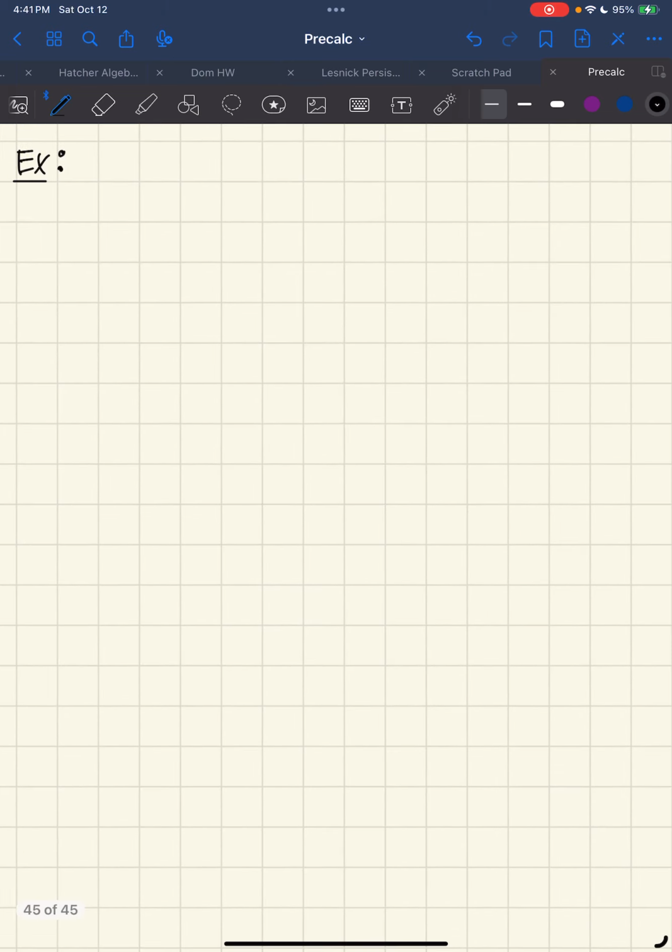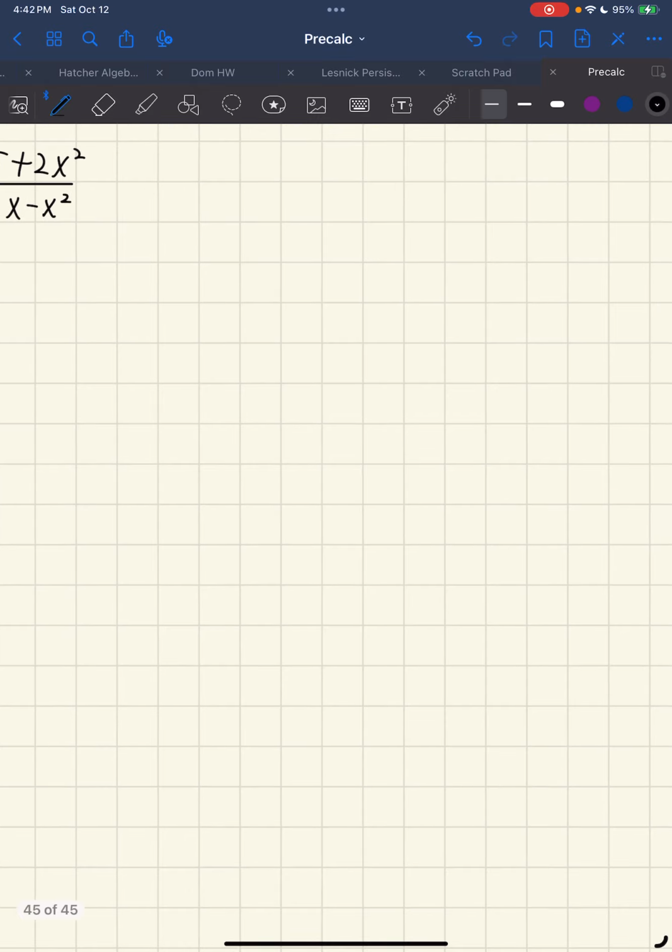We've got some function. I got this example from the textbook. They called it k of x, and because it's a rational, I'll write it over 2 lines. So we'll get 5 plus 2x squared over 2 minus x squared. That'll be our rational function. And we want to find the vertical asymptotes.